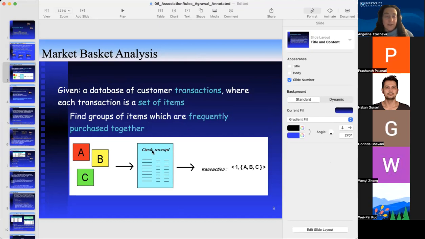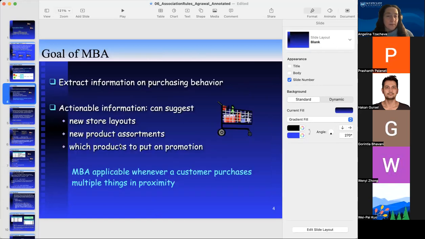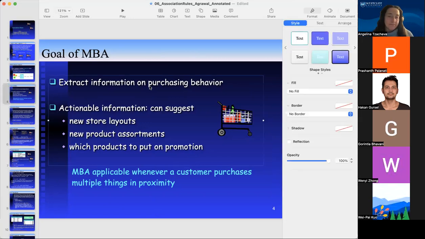So this is our receipts we got from the grocery store, and it lists all those items for us. So this allows us to extract information on our customers' purchasing behavior.